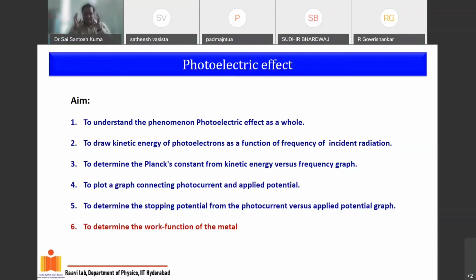So you can do the experiment, take a set of readings, and from each reading you can actually get all these various points which I mentioned.